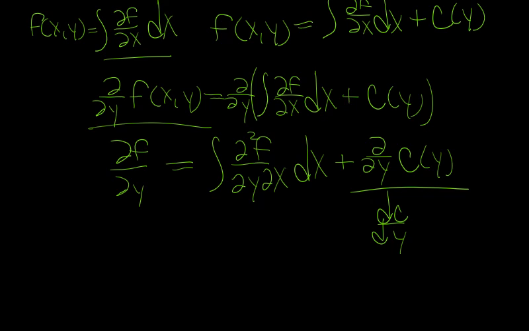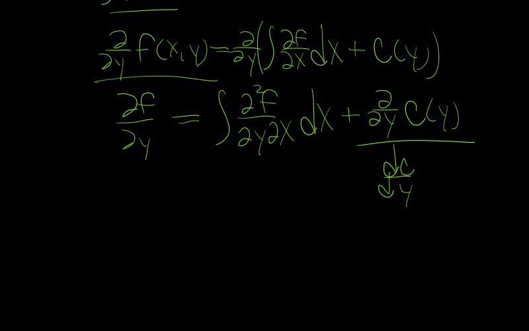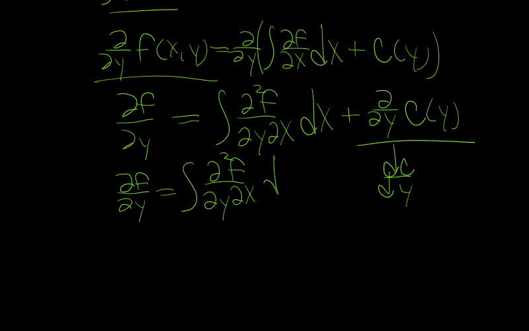C is only a single variable function anyway, so we don't need to worry about saying partial c with respect to y. So the result we come to is quite convenient. We have now that partial f with respect to y is equal to the integral of this mixed partial, partial squared f, partial y partial x, dx, plus dc dy.